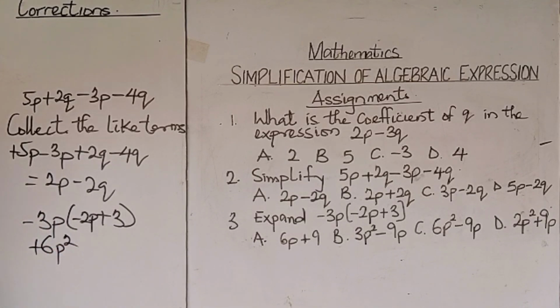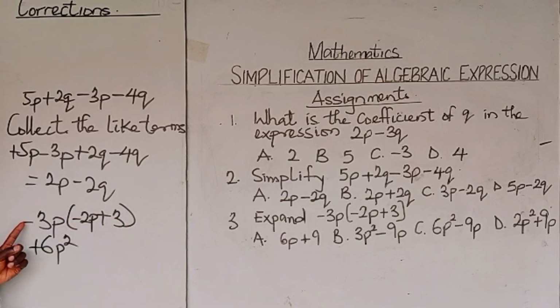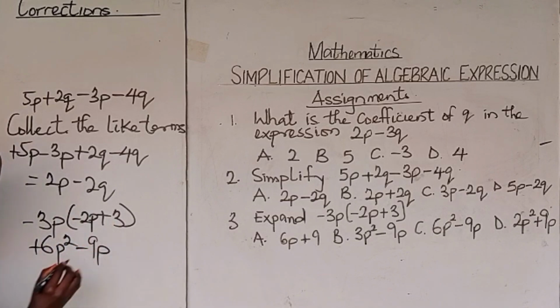Is it understood? That's very good. Now we proceed. We are going to use this same key again to interact with the second term that is inside the room. That means we are now going to say minus times plus. It gives us minus, because when minus and plus fight, minus will deal with plus. Here we are going to now say 3p times 3, it gives us 9p.